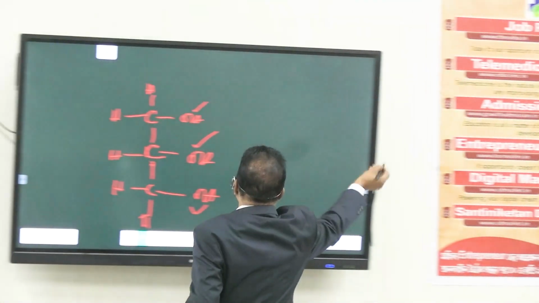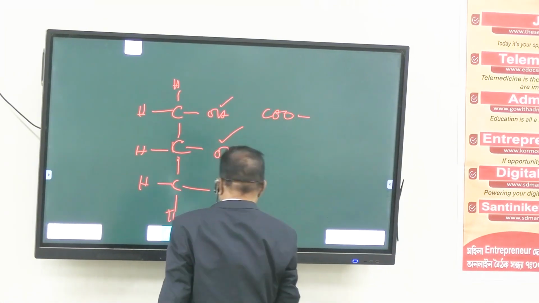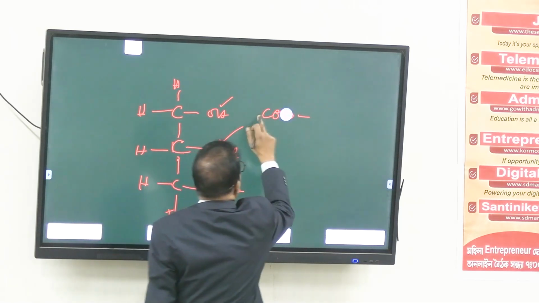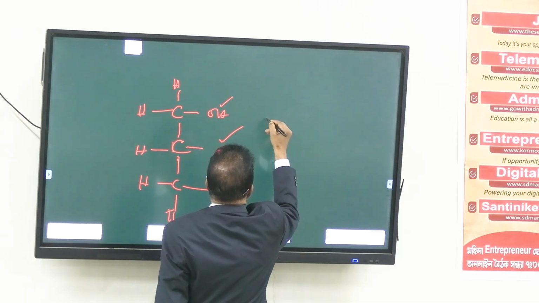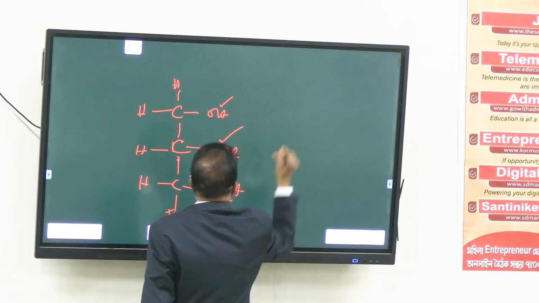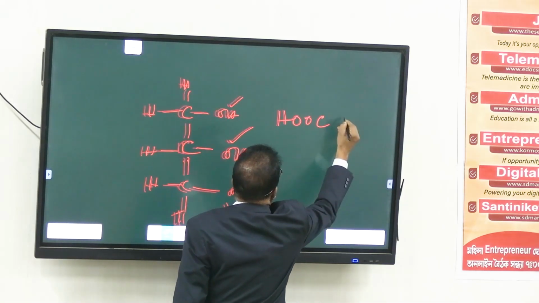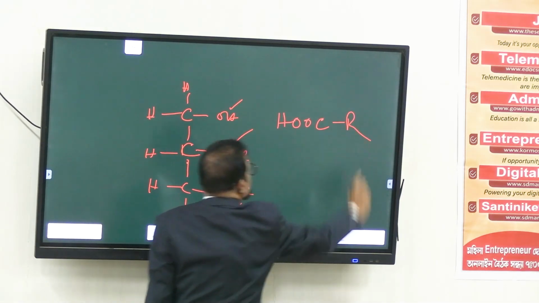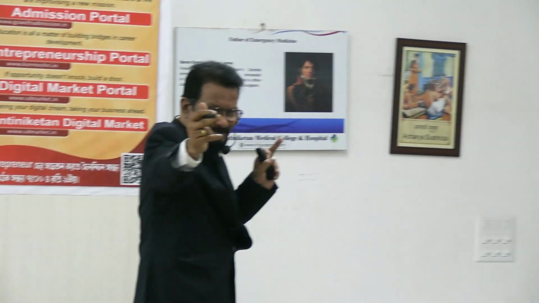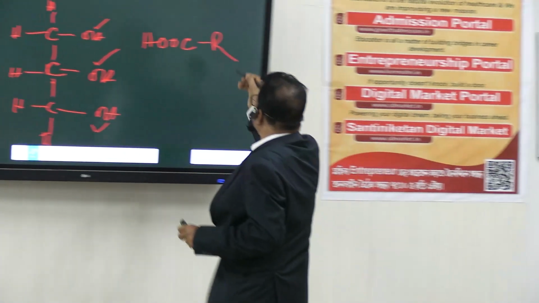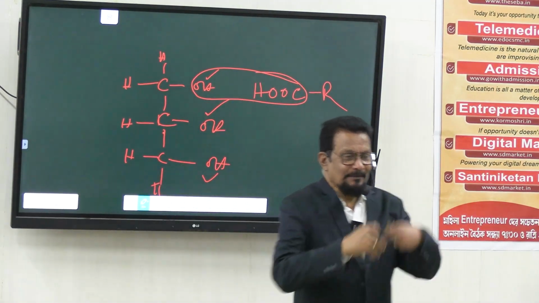All these fatty acids have a carboxylic group. R means the rest of the carbons of the fatty acid. They form an ester bond after liberating water.